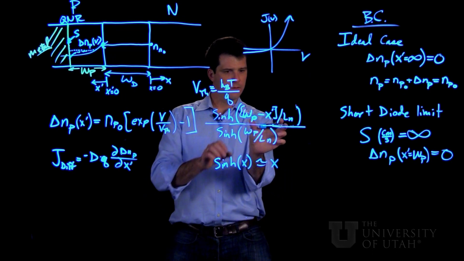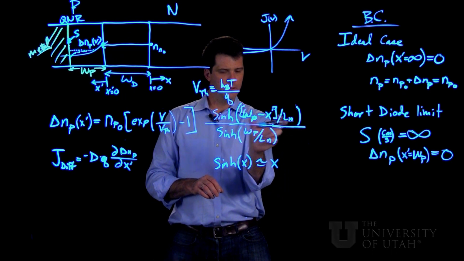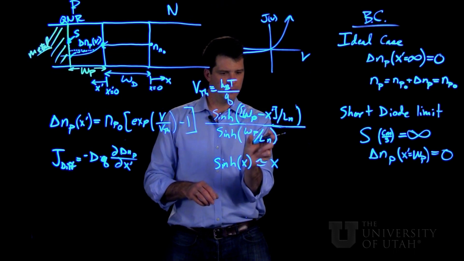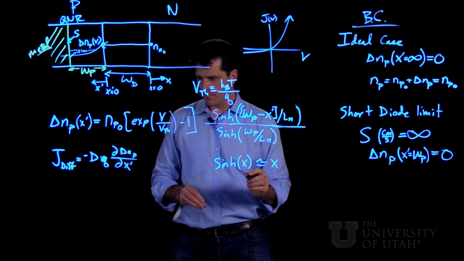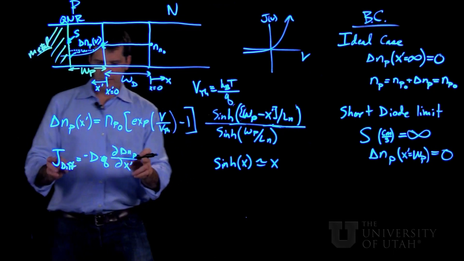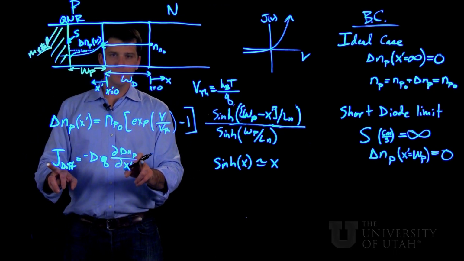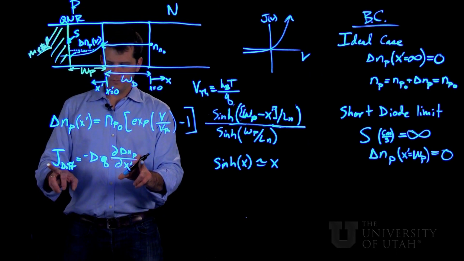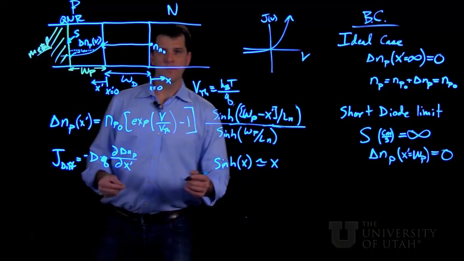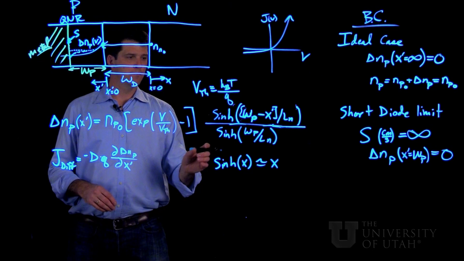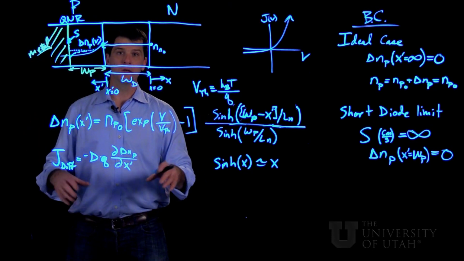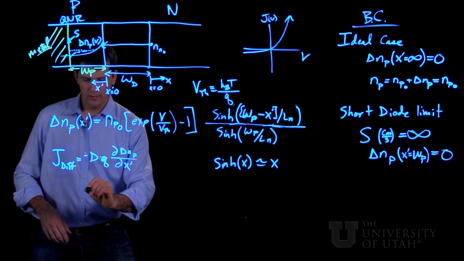So we can then write that this whole term is this argument over this argument. Then we go through and we take derivatives, and I'll leave proving this to the viewer.